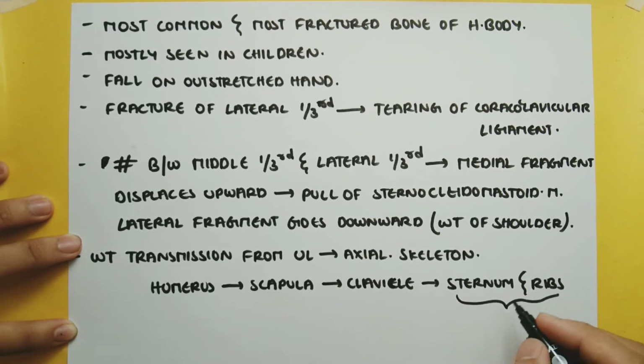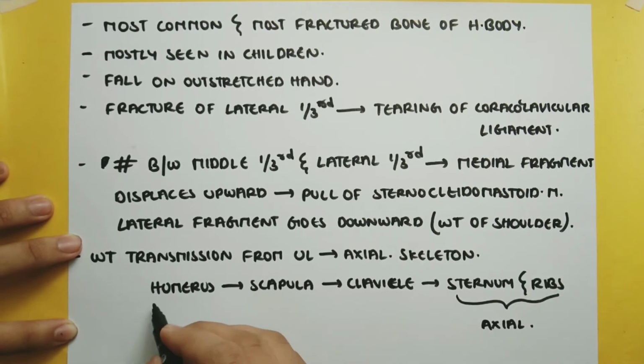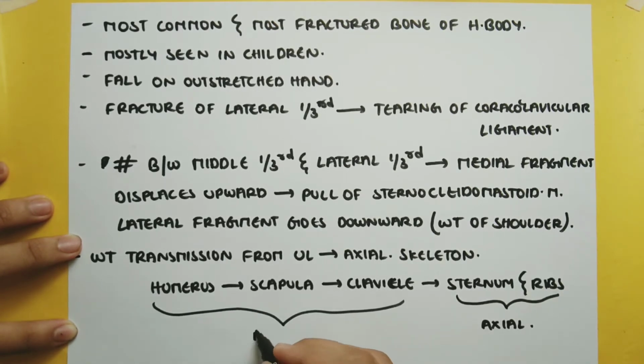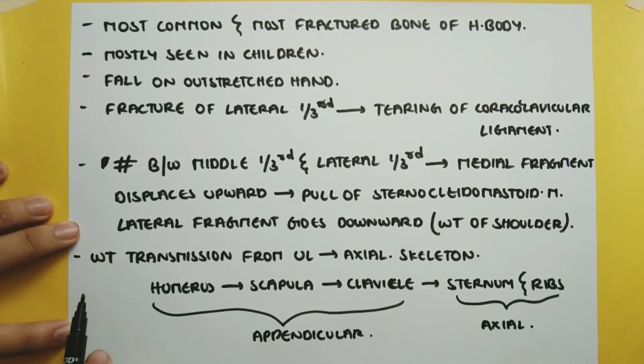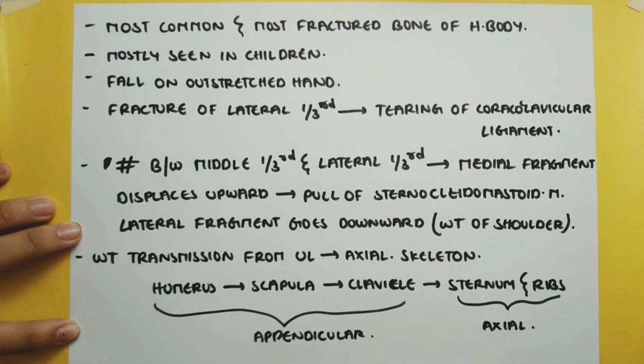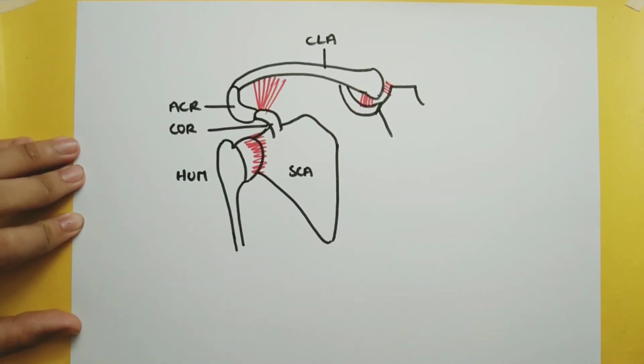These are the axial skeleton, and these are the appendicular skeleton. The clavicle helps transmit weight from the upper limb to the axial skeleton.